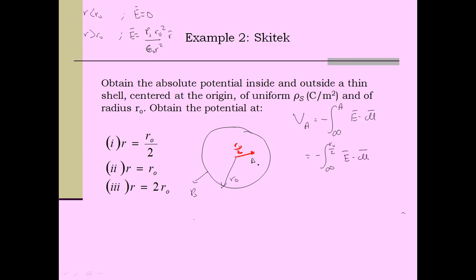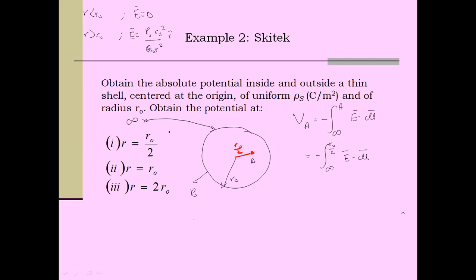Which means your initial point is here at infinity. So we are moving from infinity to the point A. A movement of charge from infinity to the point A will pass through two values of electric field.